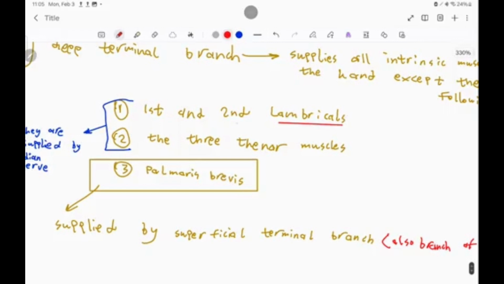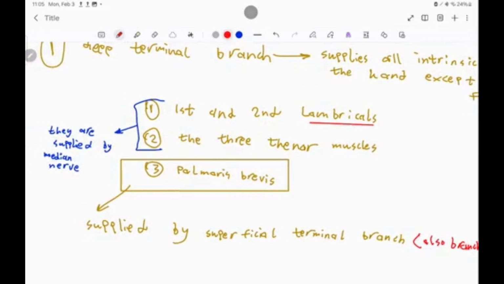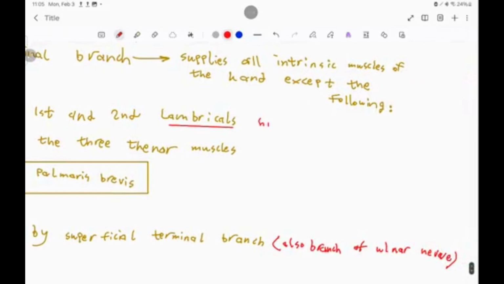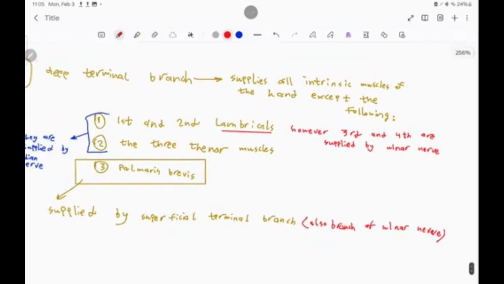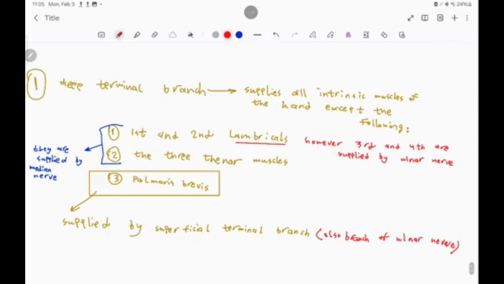The first and second are supplied by the median nerve. However, the third and fourth are supplied by the ulnar nerve, specifically the deep terminal branch. But the first and second lumbricals are supplied by the median nerve.